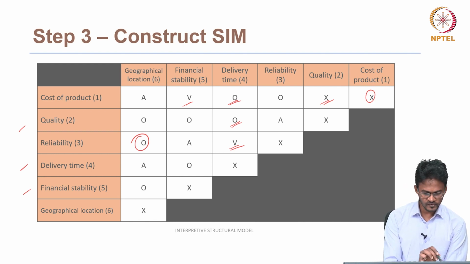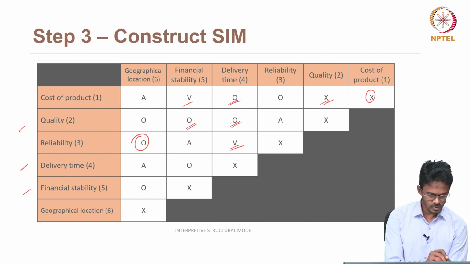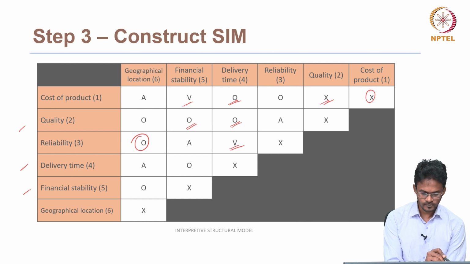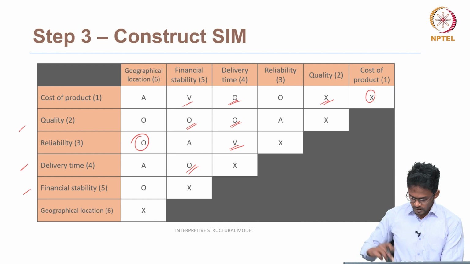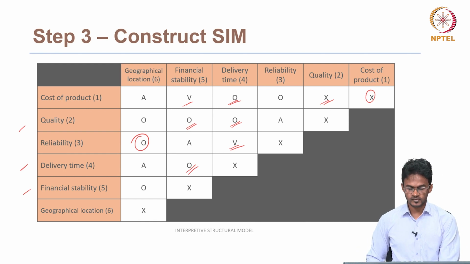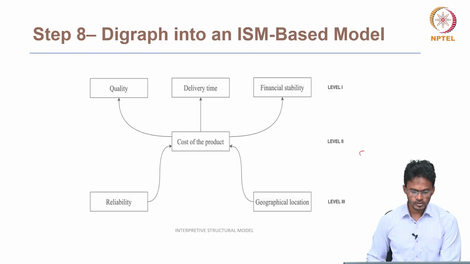And then quality and financial stability, it is again O, so there is no one way link. Next we will check the relationship between delivery time and financial stability. It is also O, and there is no one way link. So level 1 also satisfies this thumb rule. So all the levels are satisfying the thumb rule. Hence, we can stop the ISM model.